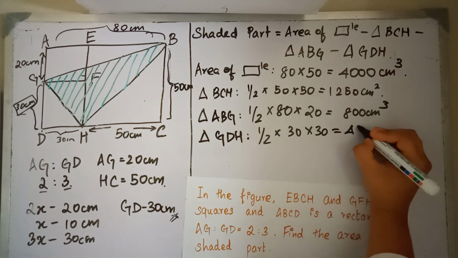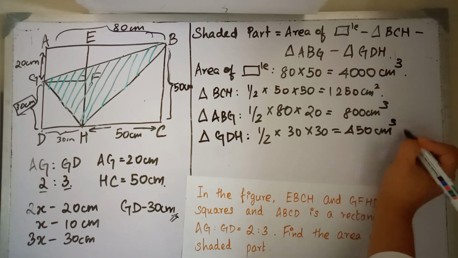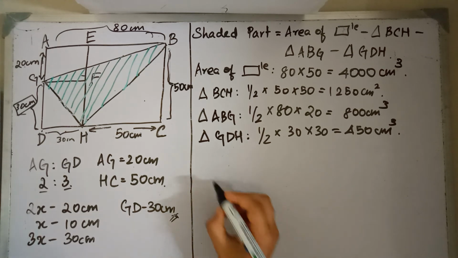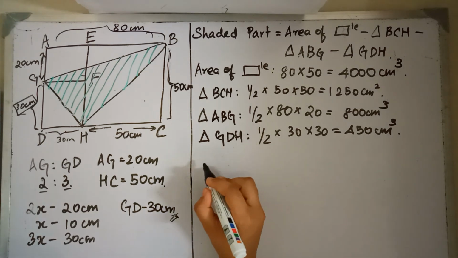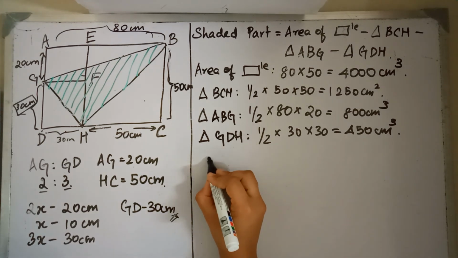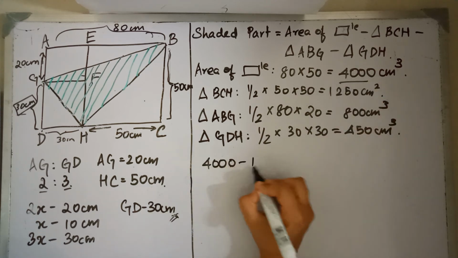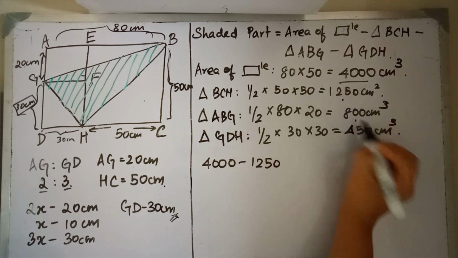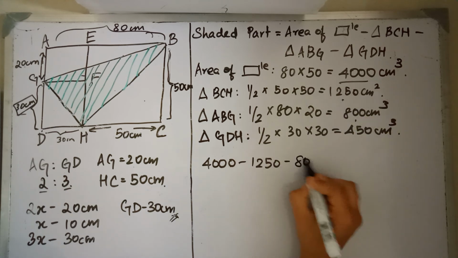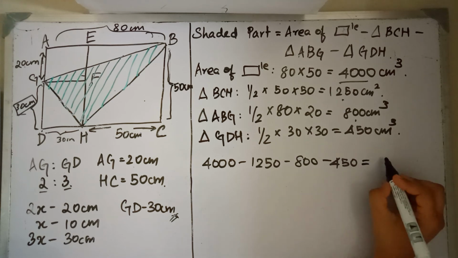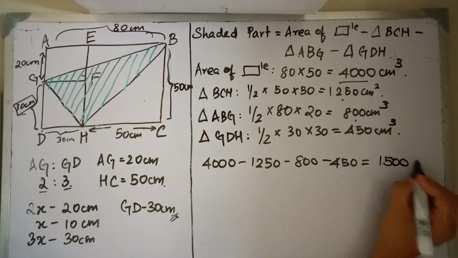This gives us 450. So now all we have to do is take the total area of the rectangle and subtract all of these triangles. That is 4000 minus this, and this. And this gives us 1500 cm square.